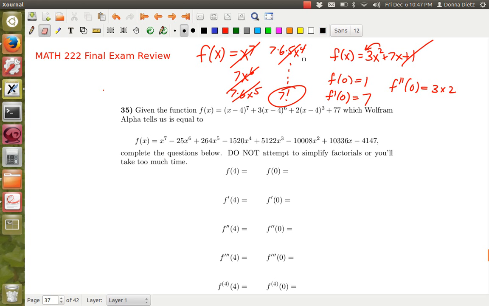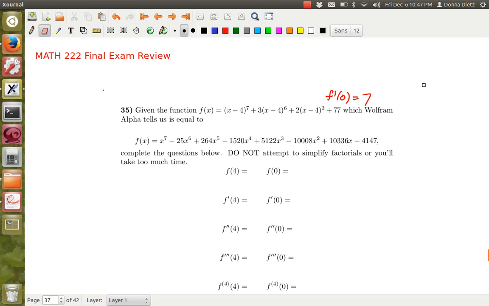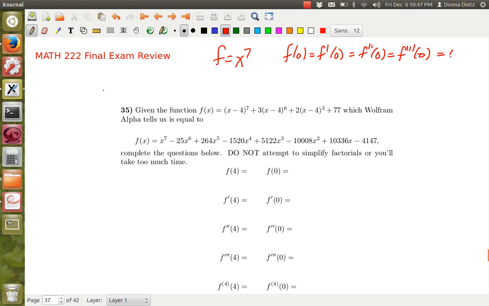So let's think about that. What does that mean? Okay, so what does it mean to be x to the 7th? Okay, so I could say f is equal to x to the 7th. It means f of 0 is f prime of 0, which is 0, is f double prime of 0, is f triple prime of 0, that's all 0, and f4 is 0, and f5 is 0, and f IV of 0.